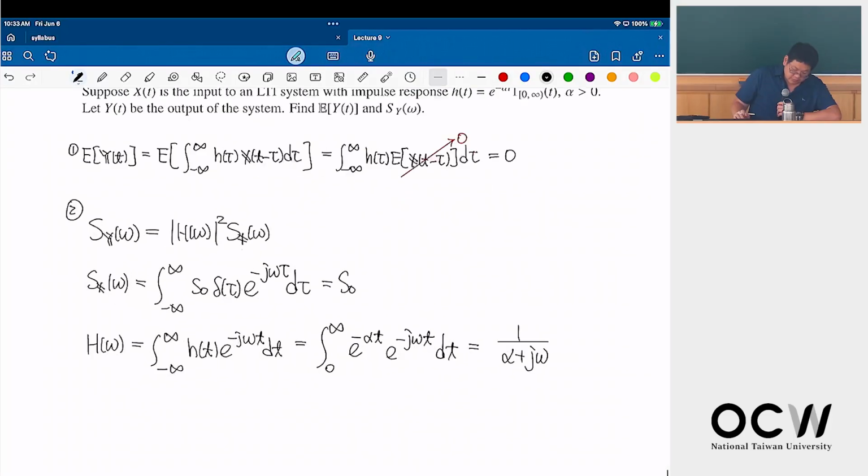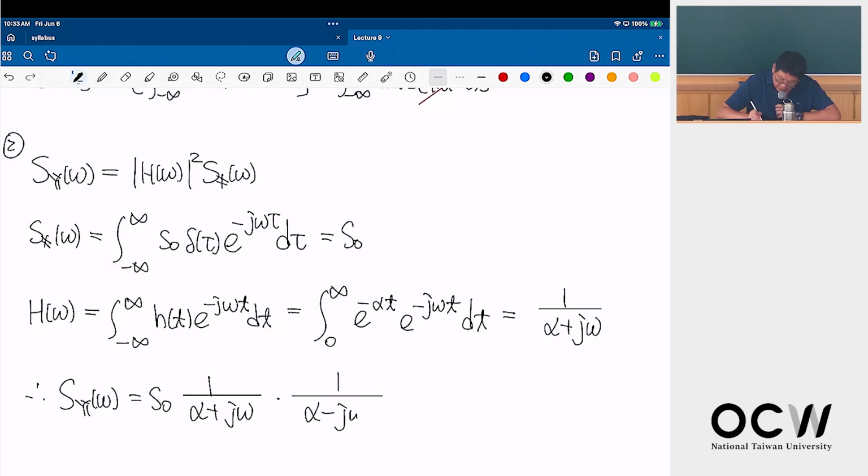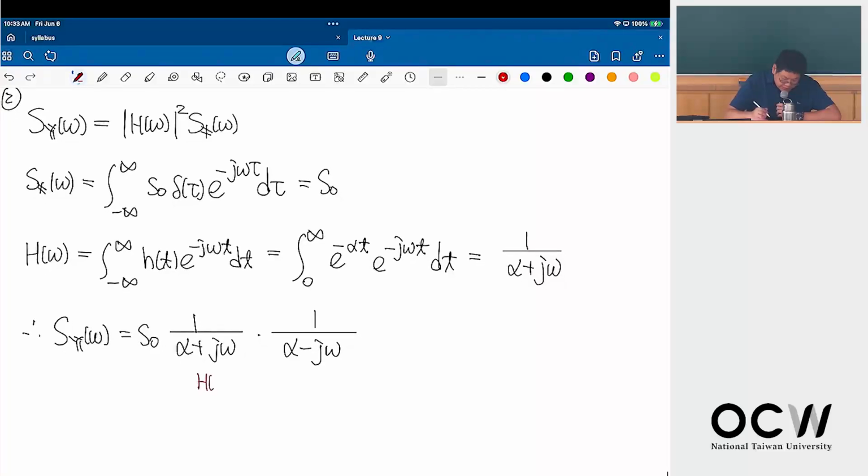Well, so apparently then we'll get the power spectrum of Y. It'll be S naught times 1 over alpha plus j omega, and then 1 divided by alpha minus j omega, because the magnitude square means H times the H conjugate.